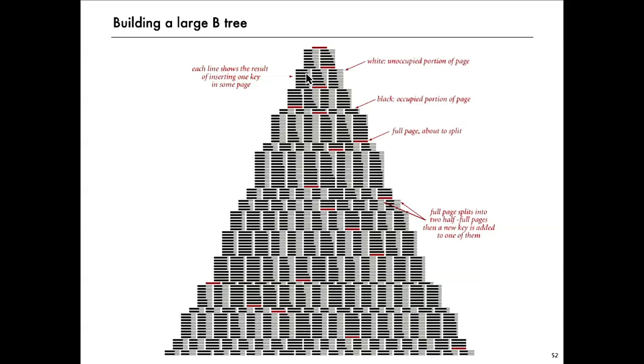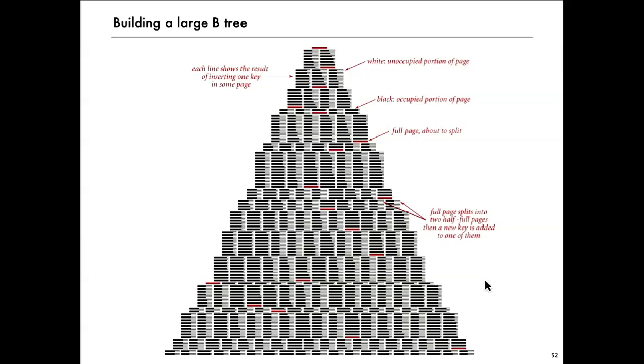And now we have 3 pages, and we keep going. Eventually one of them fills up and splits. Now we have 4 pages, and now this time the first one fills up and splits, and so forth. So the black is the occupied part of the page, the white's the unoccupied part, and a full page about to split, then right below there's 2 pages. So this shows the process of building a large B tree.